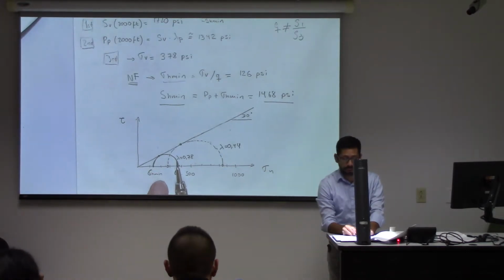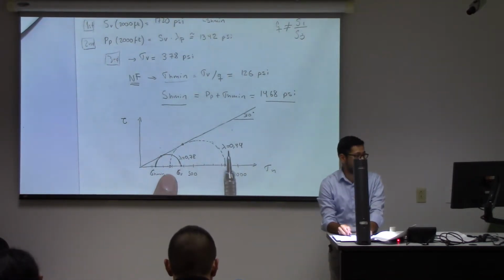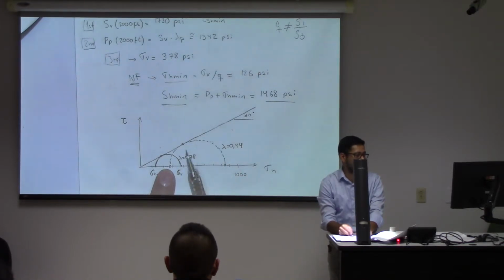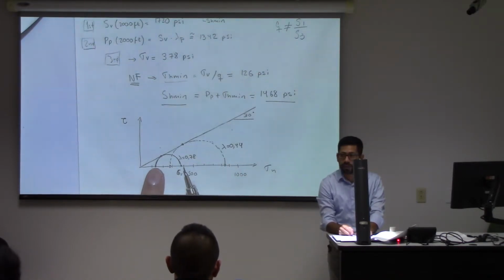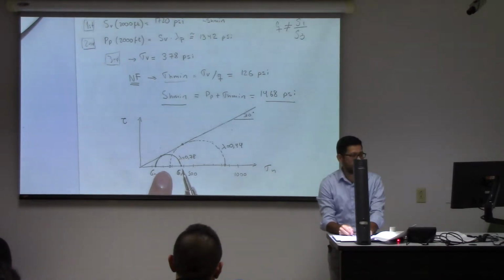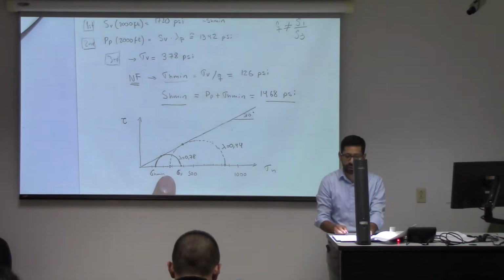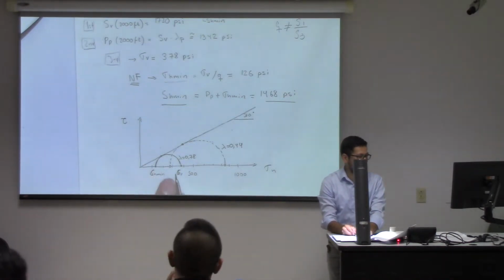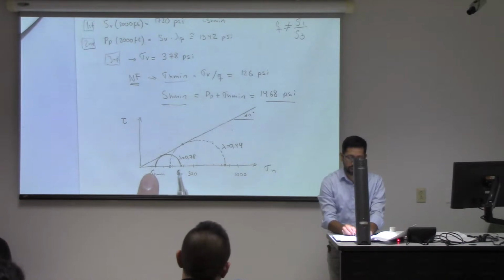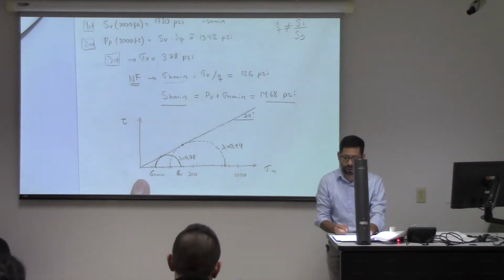Without overpressure, if I assume no overpressure, this will be the Mohr circle. And notice that in this case, with overpressure, the Mohr circle is much smaller than without overpressure. Without overpressure, you can have larger effective stresses. And with overpressure, the Mohr circle gets smaller and smaller.